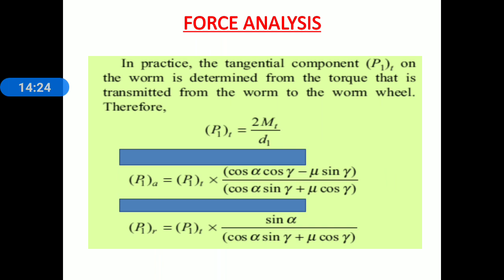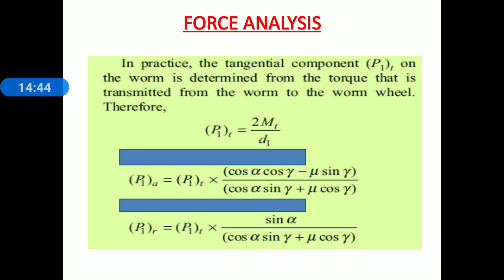P and P get cancelled, and therefore the axial component P1A is equal to P1T into bracket cos alpha cos gamma minus mu sin gamma, bracket complete, whole divided by cos alpha sin gamma plus mu cos gamma, bracket complete.